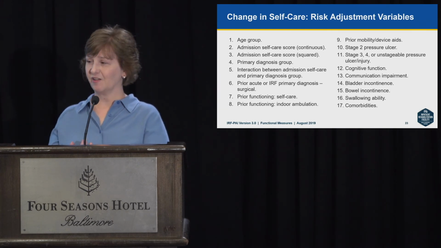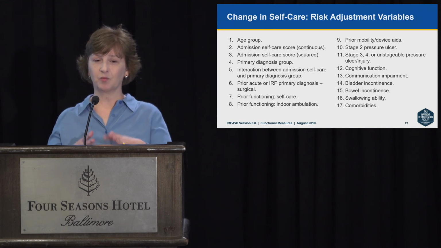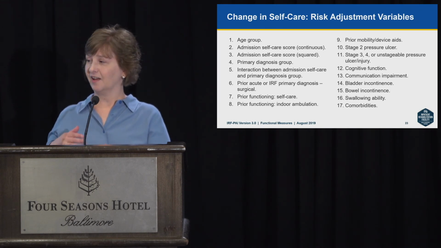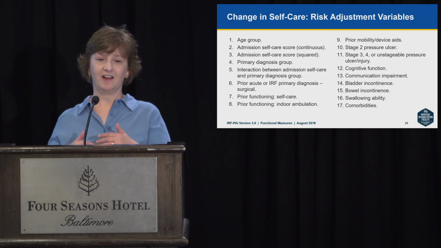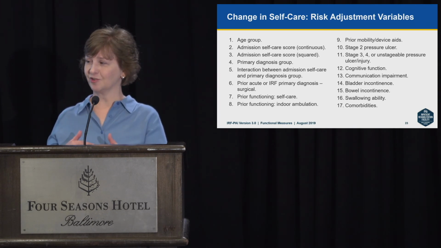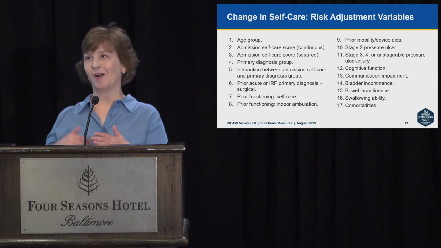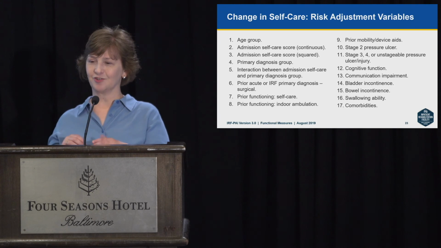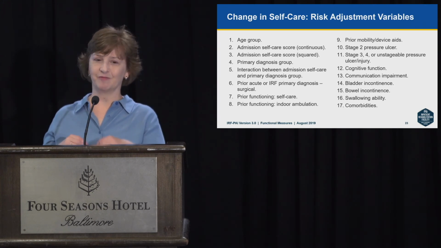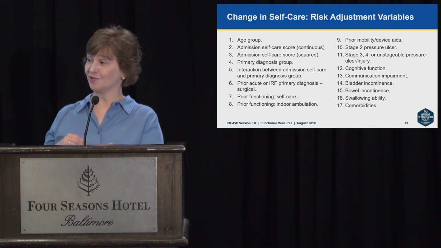We've also found in our analyses that patients who are admitted with pressure ulcers have less functional improvement than individuals who don't have pressure ulcers. In fact, what we found is that having a stage 3 or 4 or unstageable pressure ulcer, they tend to have less improvement than somebody who even just had a stage 2 pressure ulcer.